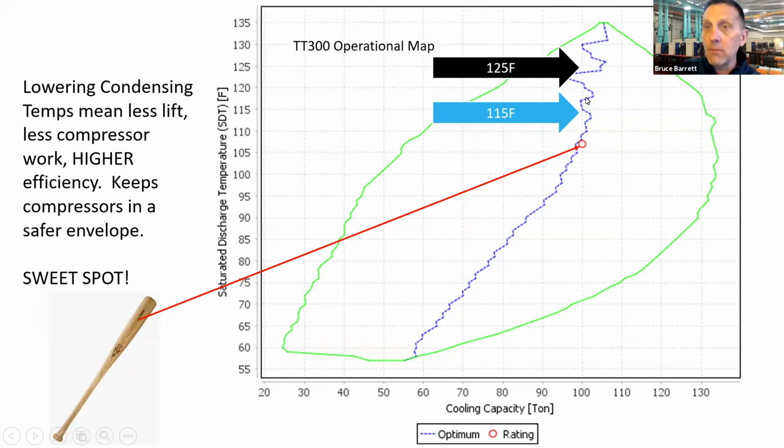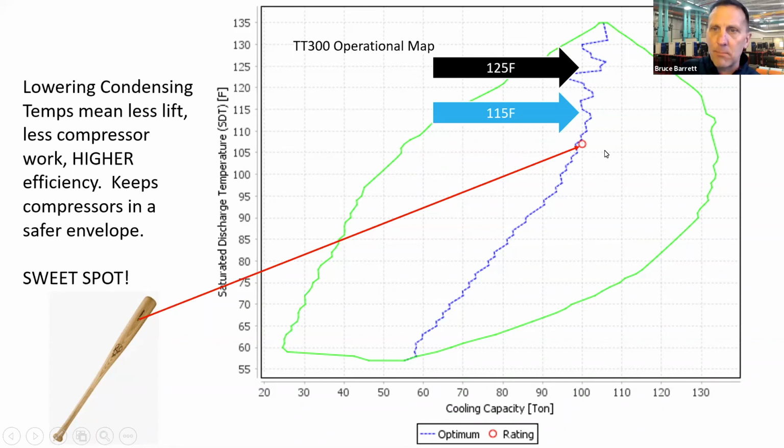My optimal line from our manufacturer says, stay on this line, you're going to have the best performance. If I start pushing down my condensing temperature, I'm starting to push it to the sweet spot. You know, the part of the bat that you hit that you can't feel anything. So that sweet spot for this compressor is around 105, 106, 107 saturated condensing temperature.